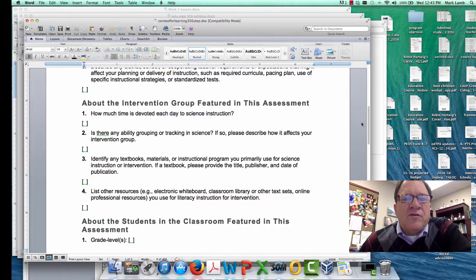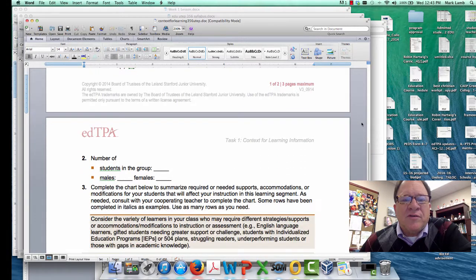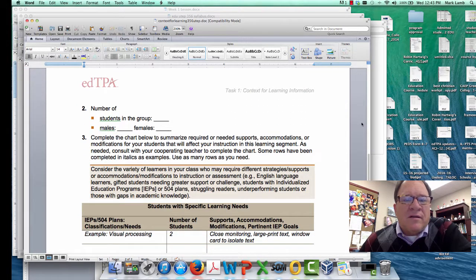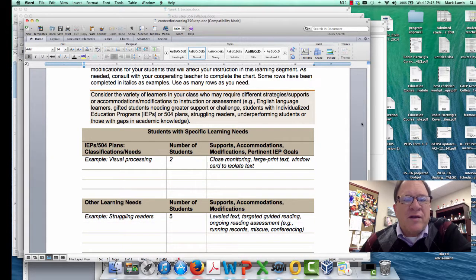Interventions that you think are necessary or would be necessary in the teaching of this science lesson, and then some specific to your students, how many males, females, any kind of, as I said before, IEPs or 504 plans or other learning needs that you have in the classroom.